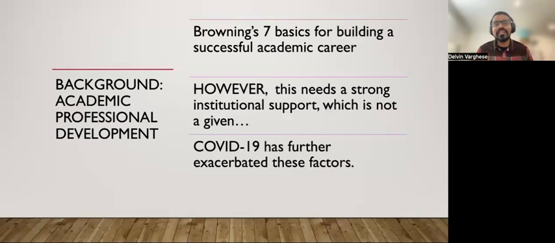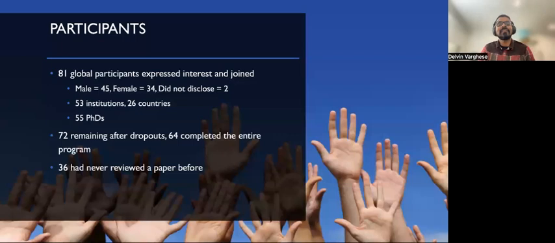However, for many ECRs who are in the global south or who are not in institutionally strong contexts, this additional support from things like Shadow PC can be very helpful. Particularly in this post-COVID landscape, where access to conferences and other opportunities has been limited, opportunities like remote shadow program committees can fill a gap for professional development.